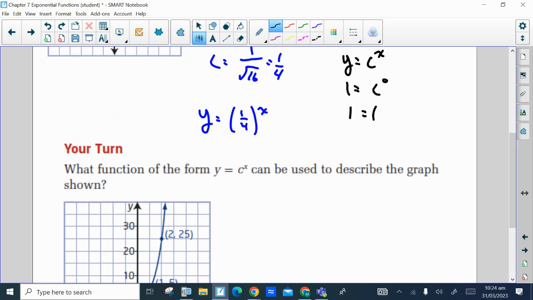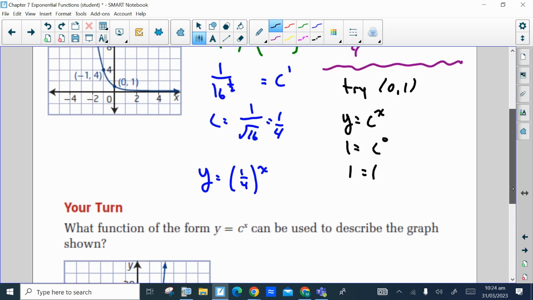And so it gives us a true statement, but we no longer have a c. Remember, we're trying to figure out what is c. Well, if you use the point 0, 1 in the equation, c's gone. So you get a statement that's true. Sure, 1 does equal 1. Remember, we're trying to find the value of c. So this is the reason why you cannot use the x-intercept, where y is 0.